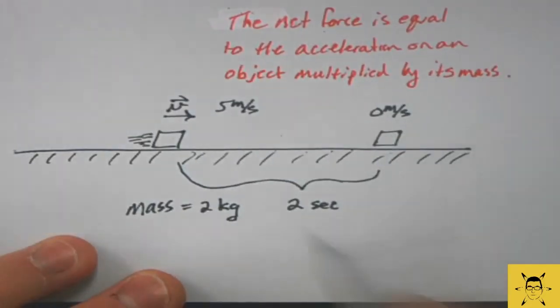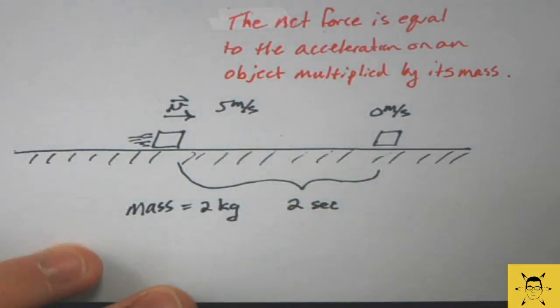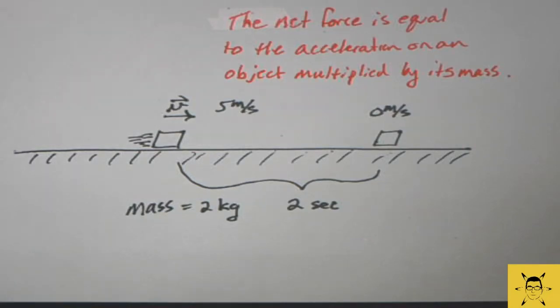Here's the thing. If you remember back to our definition of acceleration, it is the rate of change of our velocity. So go ahead and go back and take a look at your notes. Find it in there. Go to the table of contents if you're not sure where to look.